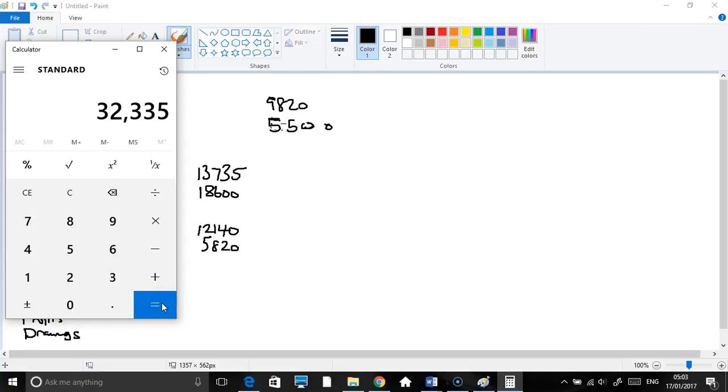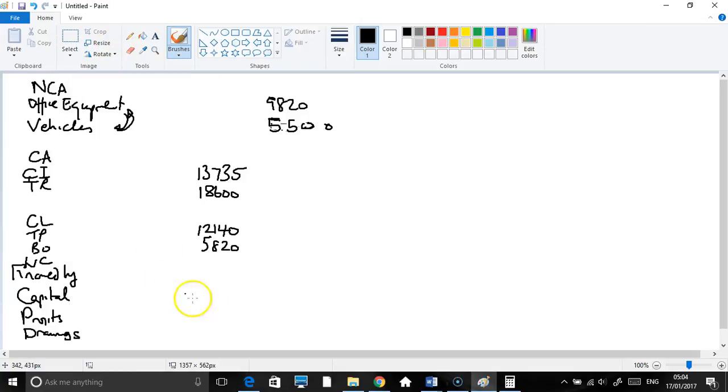Those are your total current assets. I mean, it doesn't matter. You could write that underneath here, but it doesn't really matter. Minus 12,140 minus 5820. That gives 14,375. So your working capital is 14,375. And this is an important figure.